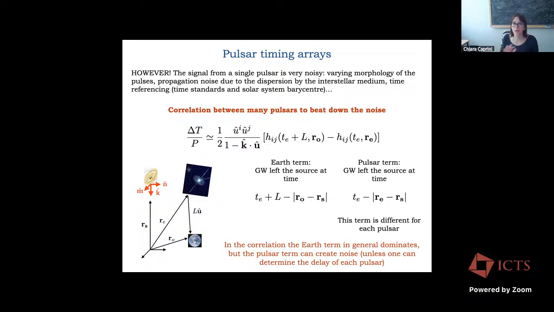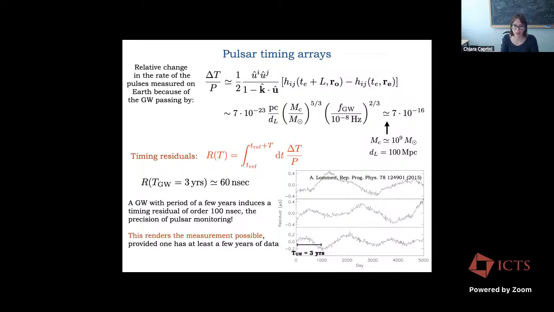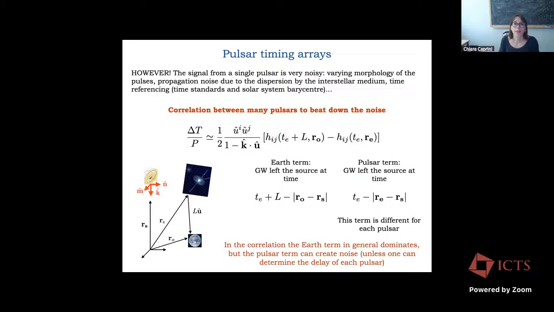And for now, this is really the analysis of the signal from a single pulsar and two nearby pulses. But this signal in reality is very noisy because, of course, the pulses have a varying morphology. They change in shape, they change in time of arrival.